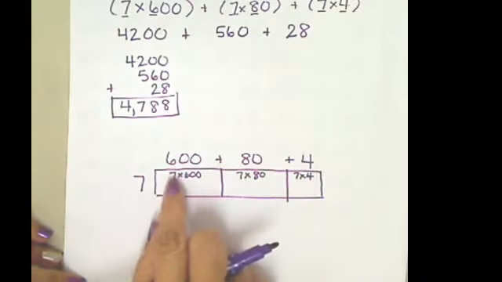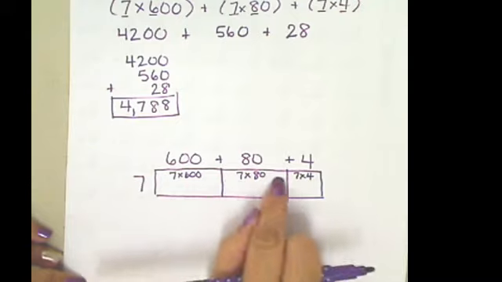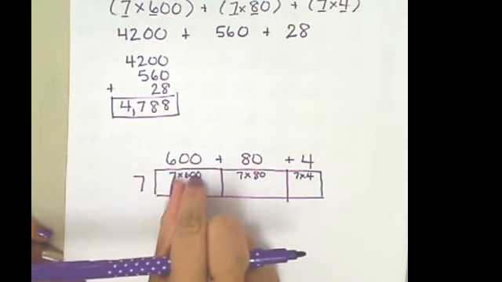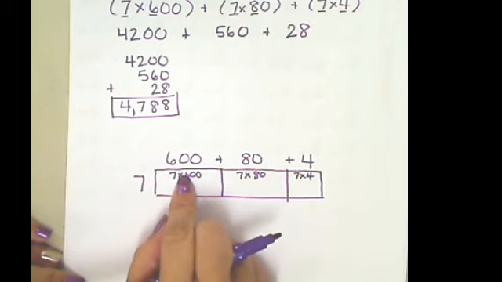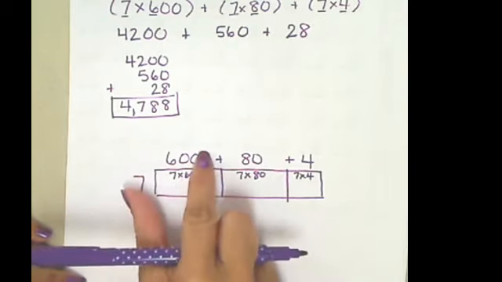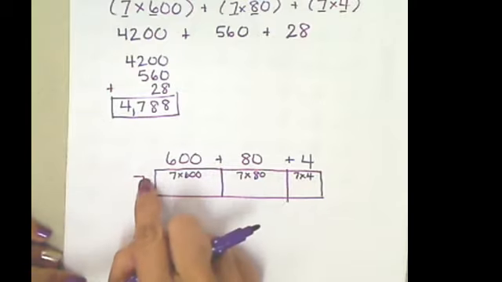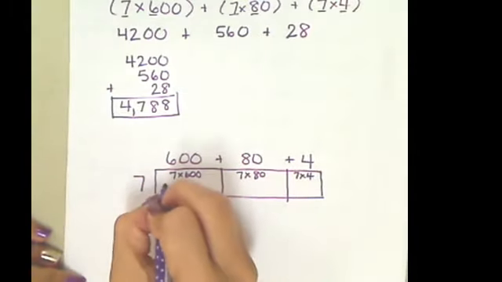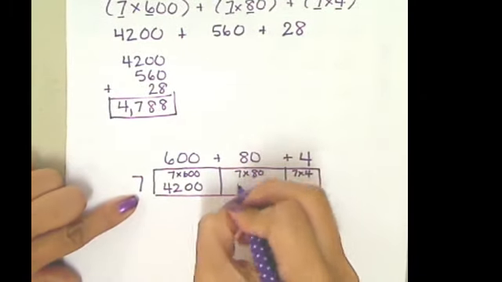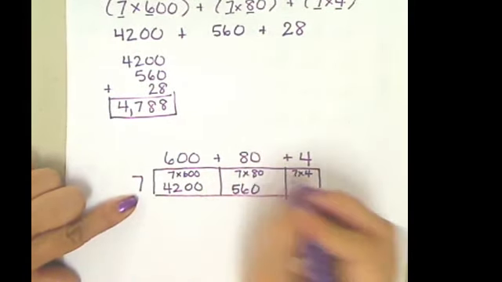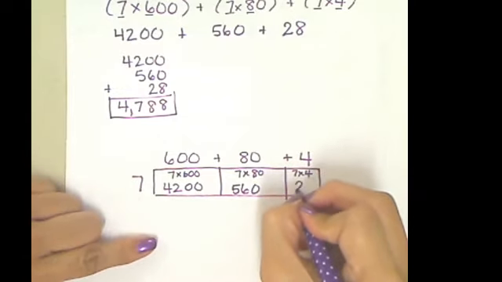Okay, and pretty soon, once you get used to doing this, you can visualize the multiplication problem without having to write it in. You can if you want to. That helps to show your work and your thinking. But here, if I know 7 times 600, I see 7 and 6. I know that's 42 with 2 zeros. 7 and 8 is 56. And there's a 0 there. 7 and 4 is 28.